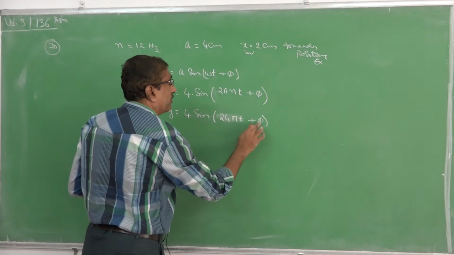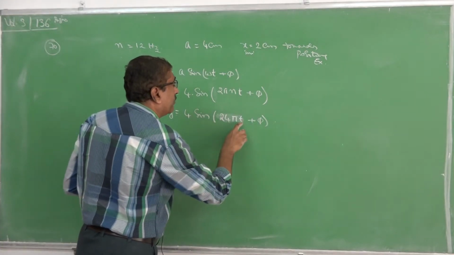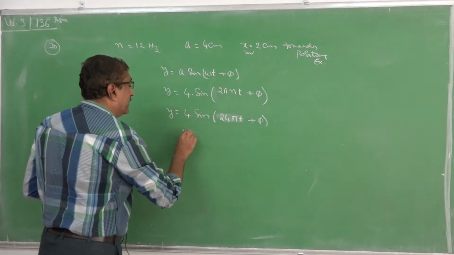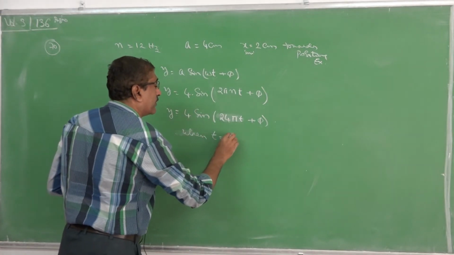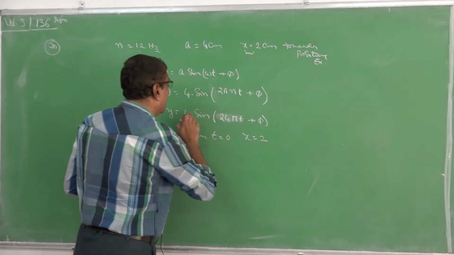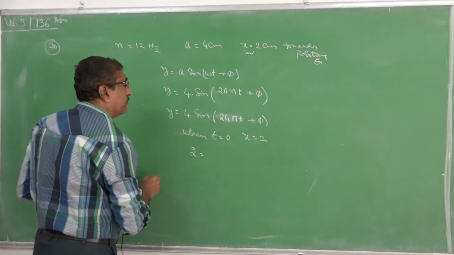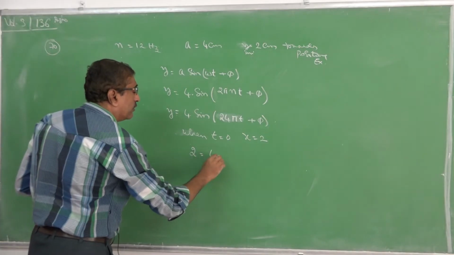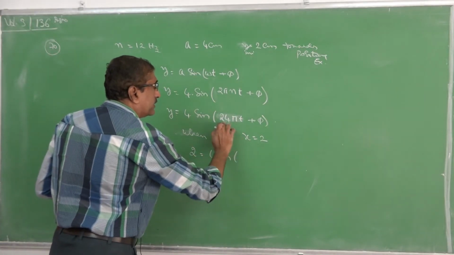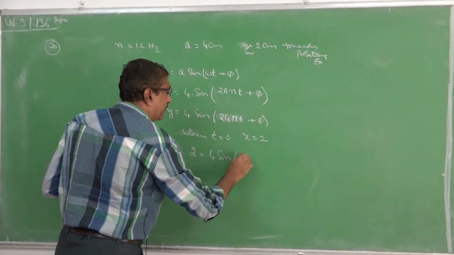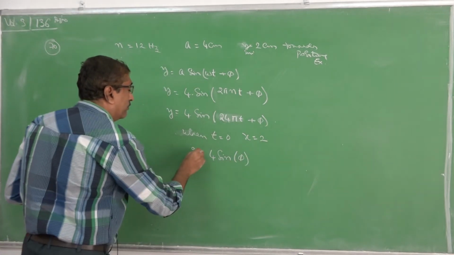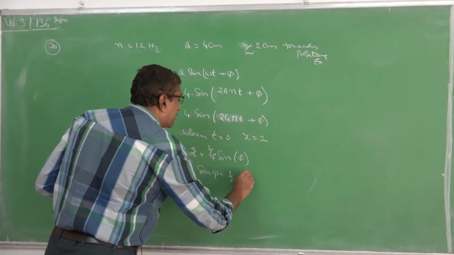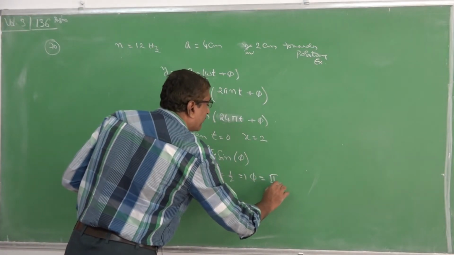When t equal to 0, the initial displacement is 2. So when t is 0, y equal to 2. From this equation, 2 is equal to 4 sin(0 plus phi). So sin phi is 1 by 2, which means phi is pi by 6.